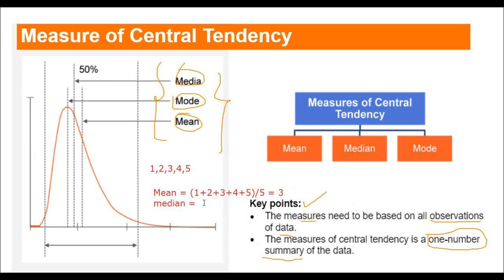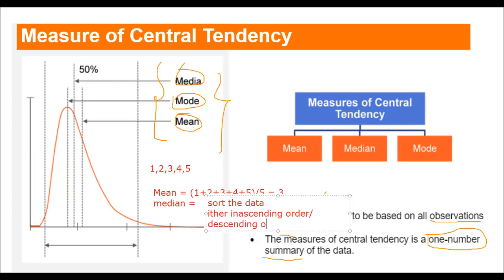But when we are finding the median, we have to sort the data either in ascending order or in descending order, right? So first of all, we arrange it in ascending or descending order, and then the middle number would be the median of my data. So here the median is 3.